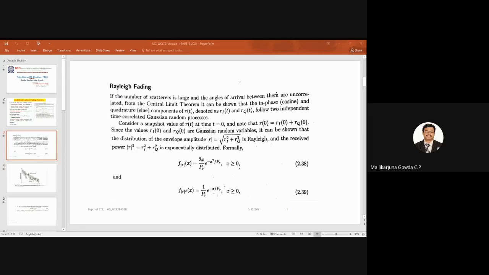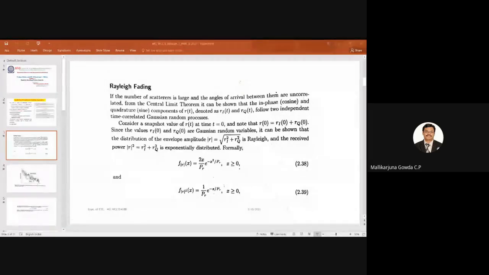These are all known facts, maybe with different notations, that's all. The distribution of the envelope of the signal, meaning its amplitude, can be written as the magnitude R, which is equal to the square root of R square I plus R square Q, which is Rayleigh. This is the magnitude, that is the amplitude. And the received power will be what?